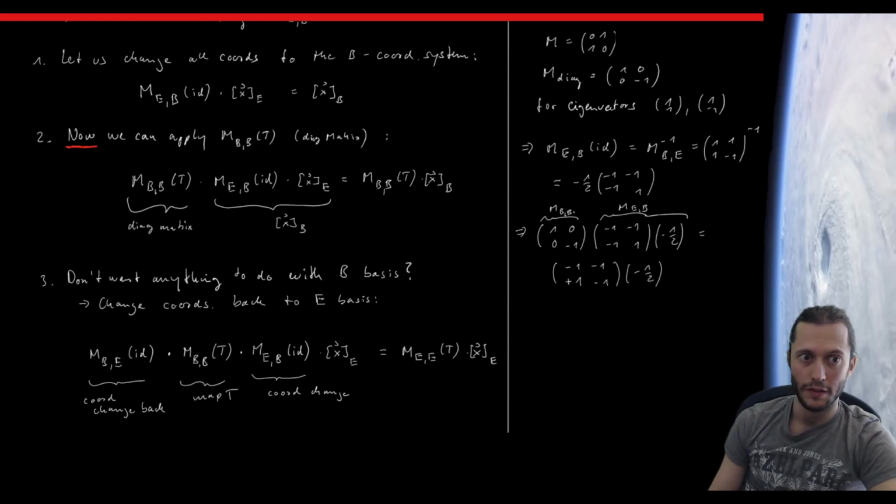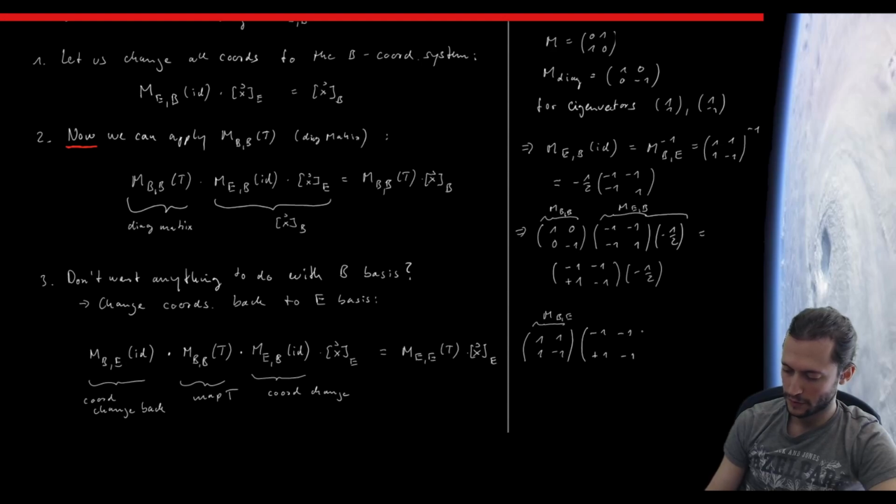So we had MBB times MEB, so there's missing MBE, which is, we had it here, (1, 1, 1, minus 1). Now I multiply it with the other two. This is minus 1, minus 1, plus 1, minus 1, minus a half. And let's see what happens. We get 0.